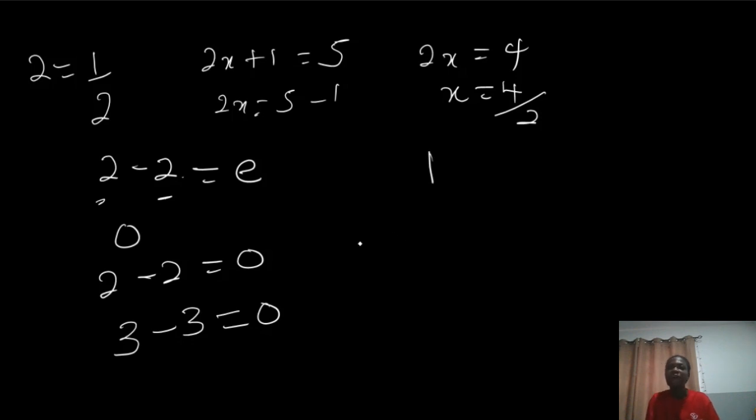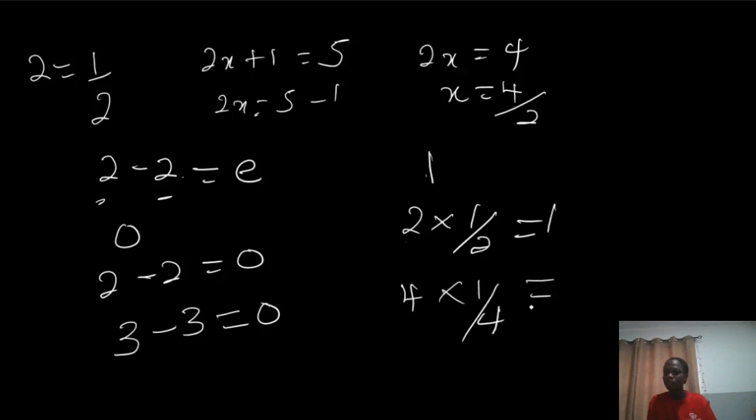So in this case, if I ask for the multiplicative inverse of 2, it's going to be 1 over 2, because 2 times 1 over 2 is going to give us 1, which is the identity element of multiplication. If I ask for the multiplicative inverse of 4, it is going to be 1 over 4, because 4 times 1 over 4, 4 will cancel 4, so it's going to give us 1, where 1 is the identity element of multiplication.